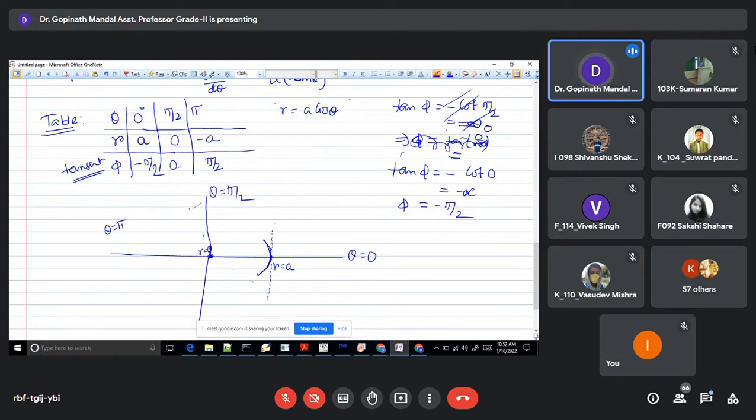So look, this is the tangent at r equal to a. That means the curve will be like that. And at r equal to 0, the tangent angle is 0.